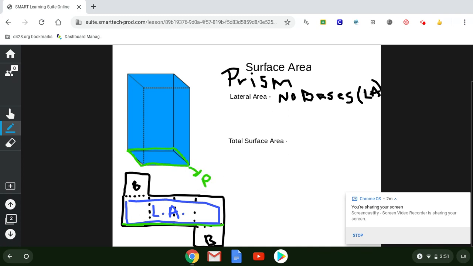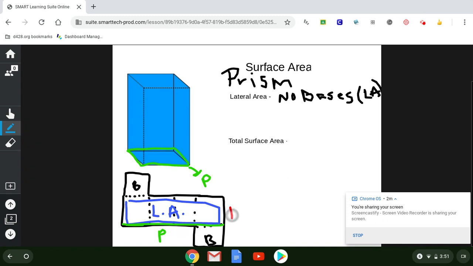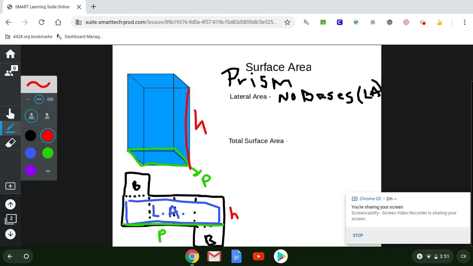Okay, so that's my P, and then I take it times its height here, which is this height here on this edge. Okay, so let's write that out.